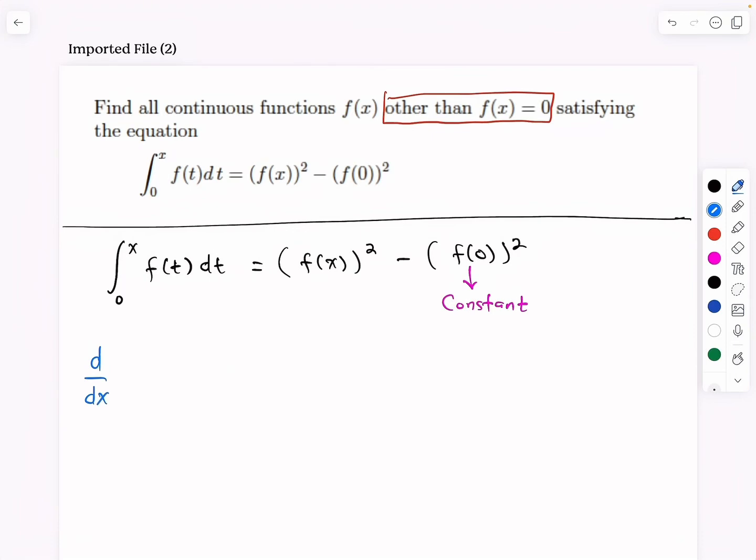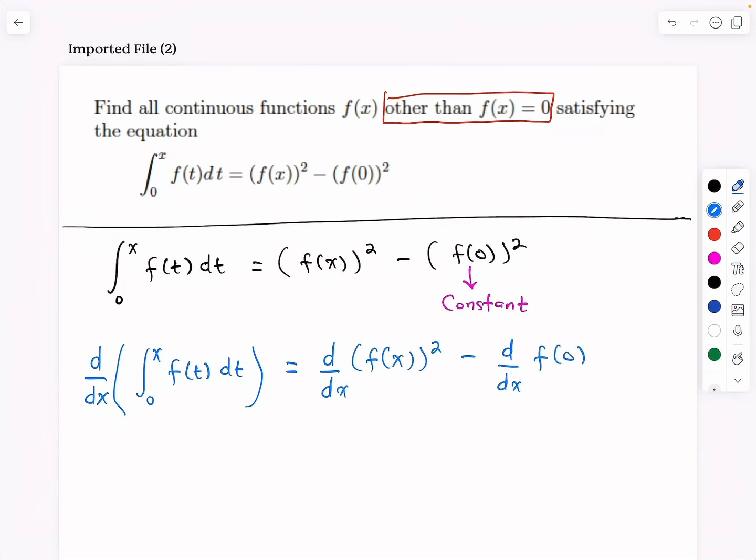I have the integral from 0 to x of f of t dt on the left, and on the right I differentiate f of x squared minus the constant.